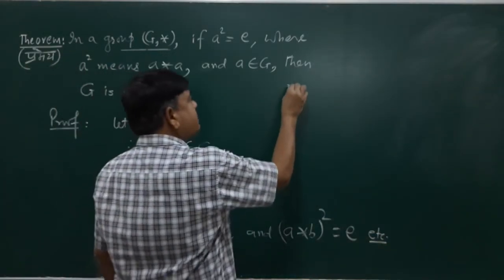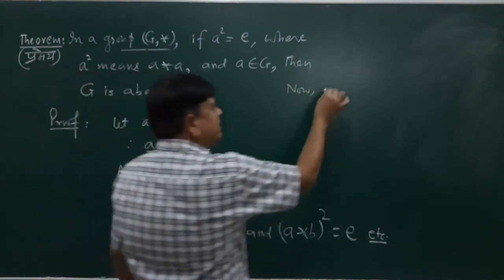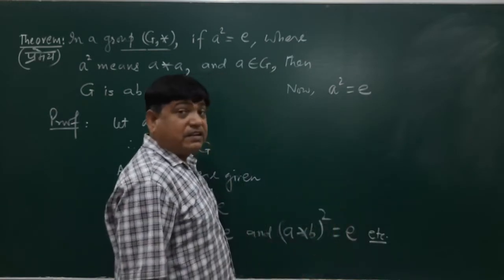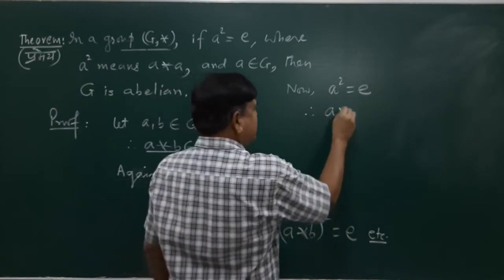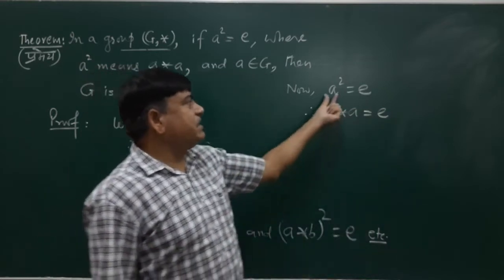Now, A square equals E. Therefore, what is the meaning of A square?